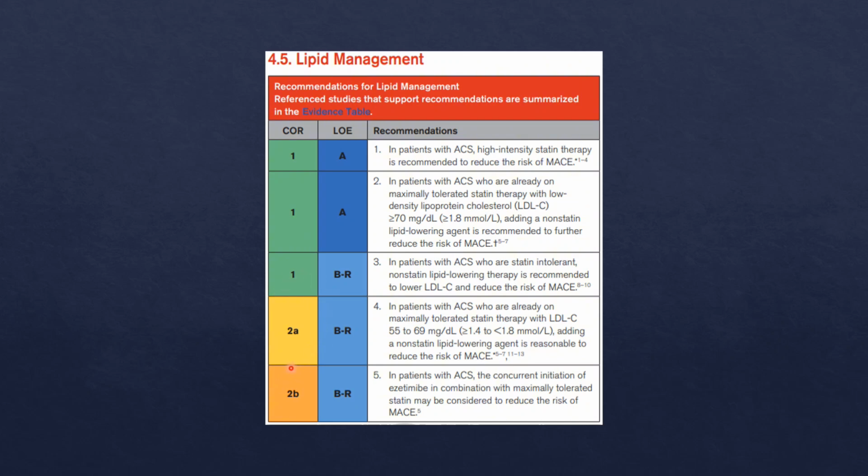So the target is 70, but to achieve somewhere between 55 to 69, you can also add a non-statin lipid lowering drug. This table beautifully summarizes the use of statins or non-statins to lower the lipids.